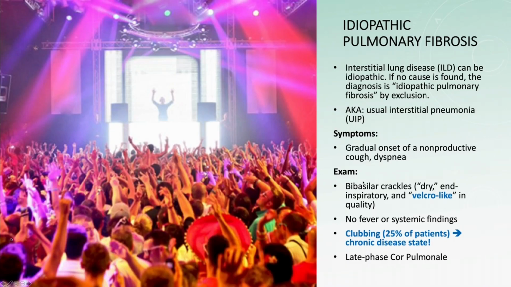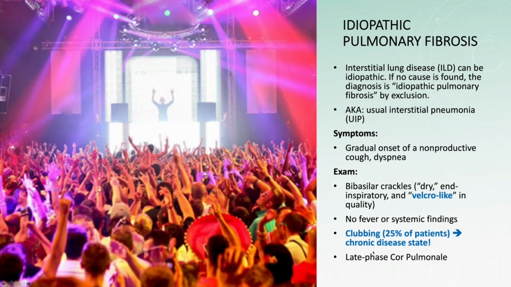All right, keep going. So we usually hear bibasilar crackles. That's pretty pathognomonic, right? Bibasilar crackles, they almost sound like Velcro. We also have no fever and systemic findings, typically, in idiopathic pulmonary fibrosis.